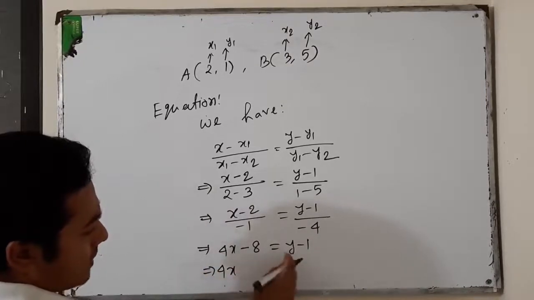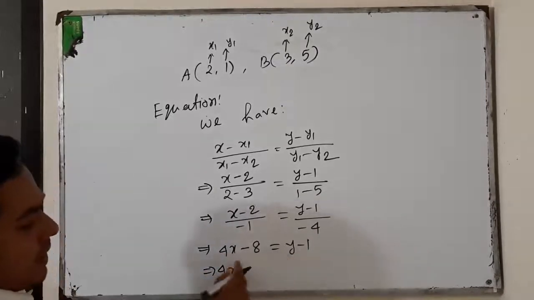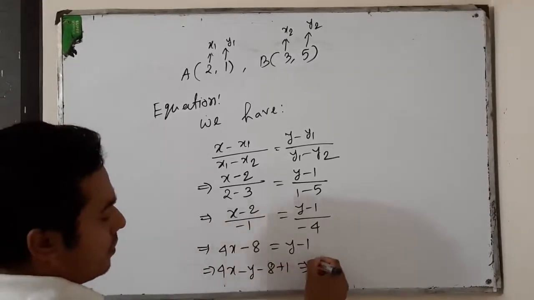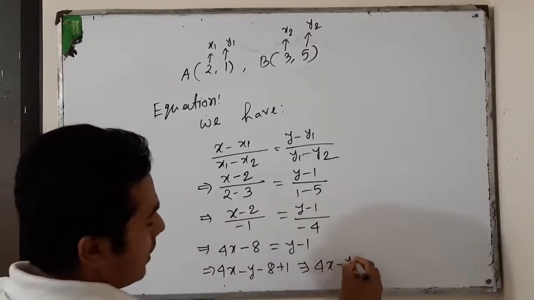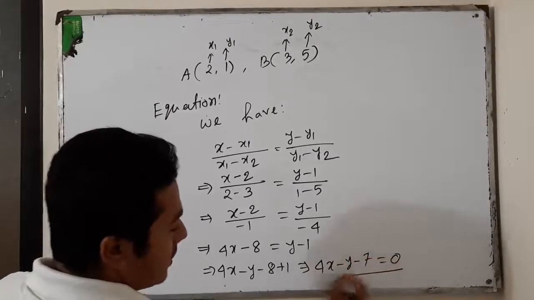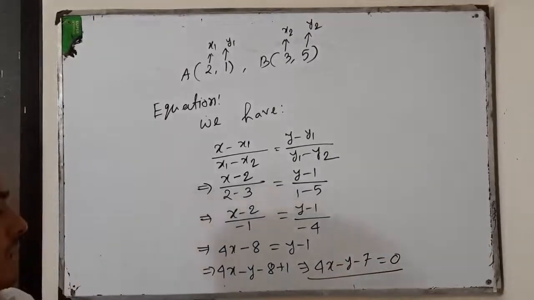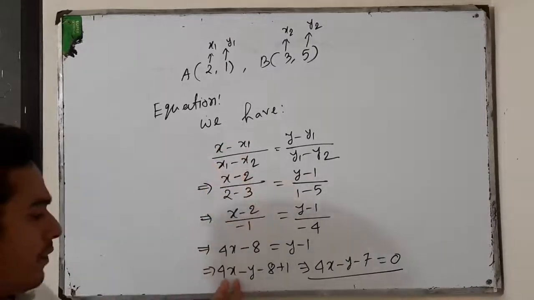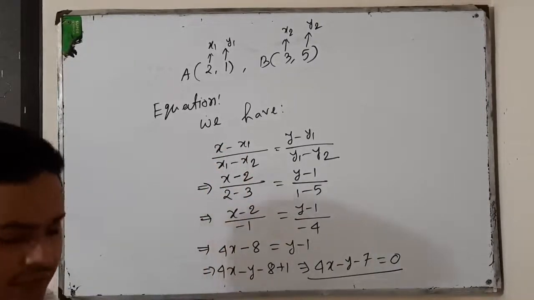Then transferring to the left-hand side, 4x minus y minus 8 plus 1, that is 4x minus y minus 7 is equal to 0. This is the equation of the straight line if two points are given: 4x minus y minus 7 equals 0.